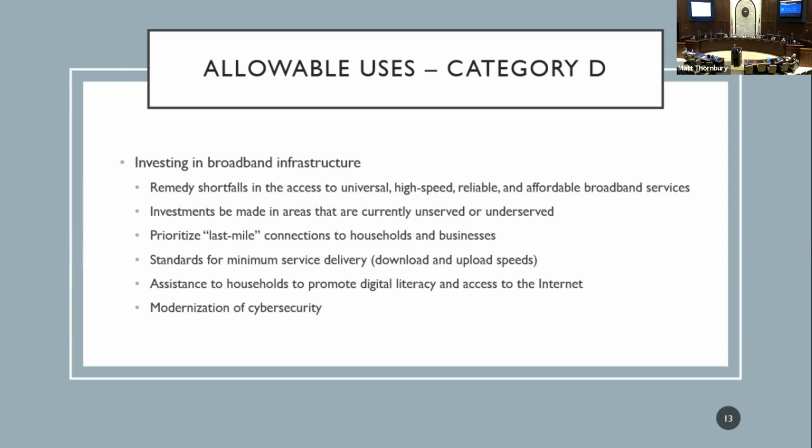It's that last mile connection from the main network into the household. They've got some standards there for the services that need to be provided. The intent is to provide assistance to households to promote digital literacy, and also use of those funds to modernize our own internal cybersecurity.